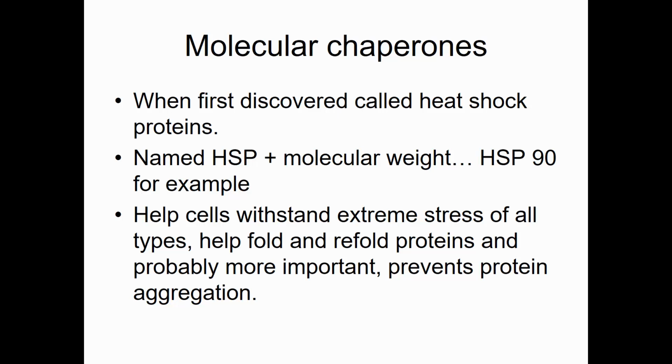And with stress, proteins can start to denature. Well, chaperones can refold them and get them back into a functional shape. If they don't, then you have a bunch of half-folded proteins that start to clump together, and they form aggregates. So you already know about protein aggregates, whether you know it or not. If you know about Alzheimer's disease, you know that there are amyloid plaques. That's an abnormal protein aggregation.